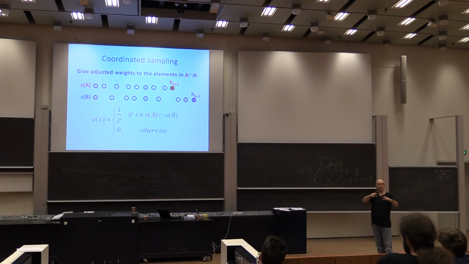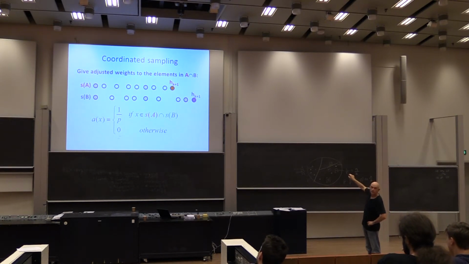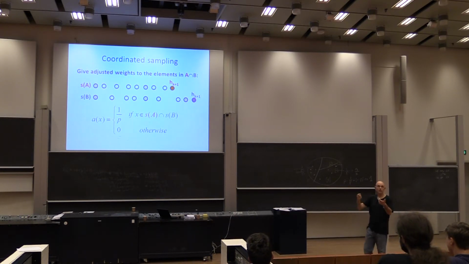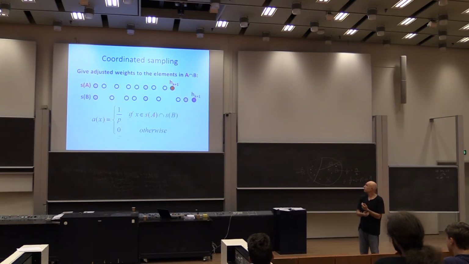So I intersect the samples, and if I see an element in both samples, I'm going to give it a positive adjusted weight. Otherwise, the adjusted weight is going to be 0. And I want the average of these values to be exactly 1. Then the scheme would work.